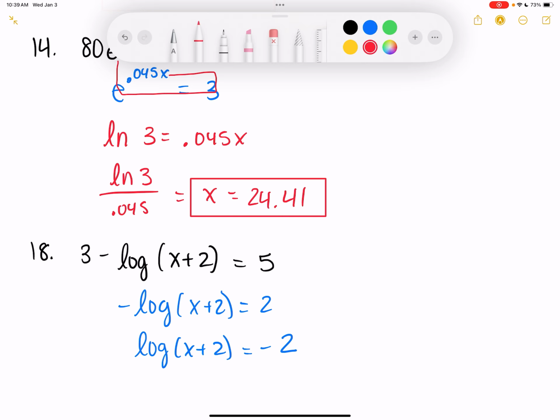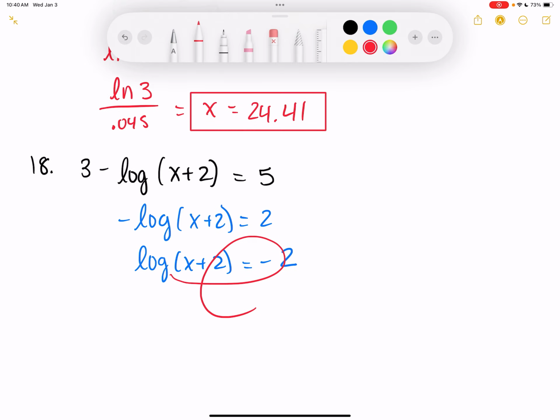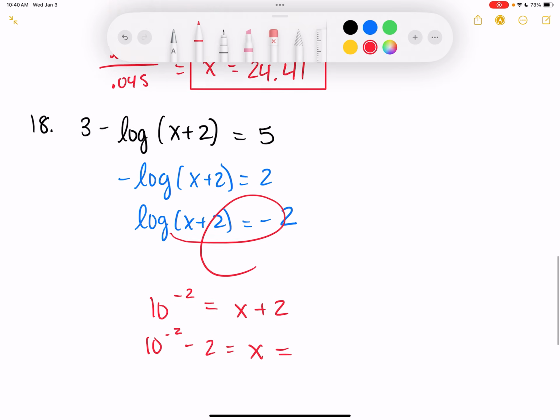So I have a log, need an exponential to solve it. So that's common log, so it's log base what? 10. So we're going to have 10 to the negative 2 equals x plus 2. So 10 to the negative 2 minus 2 equals x.